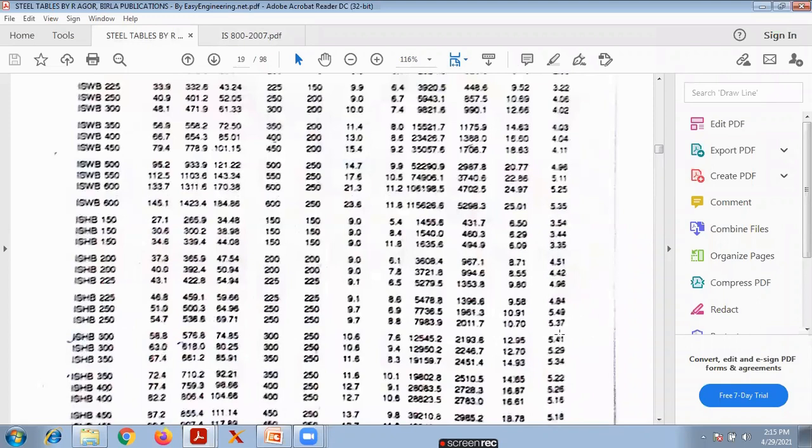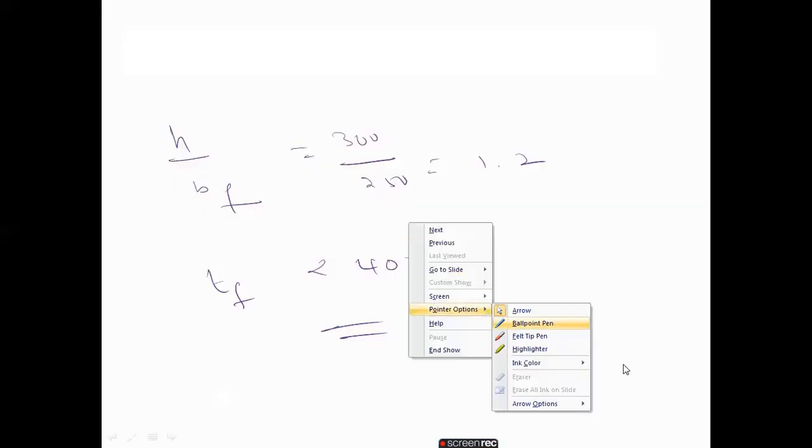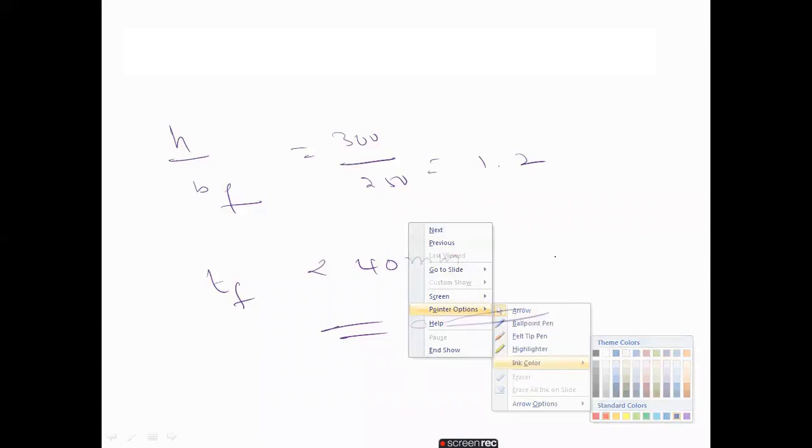My dear students, if this page is not visible properly, I already shared two steel tables. Open another one. Now I will write here: r minimum equal to ryy, that is 54.1 mm.